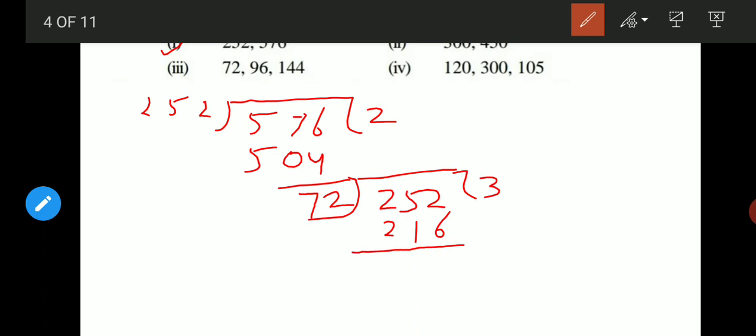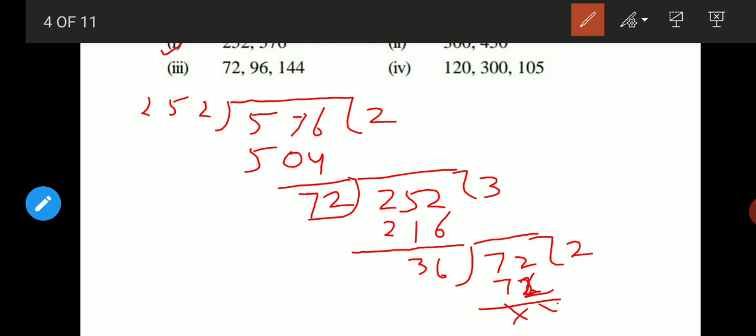So here we get 6 and here is 3. 4 minus 1 is 3. Now it divides 72. It is 2 times 72, 72. So the answer is 36.